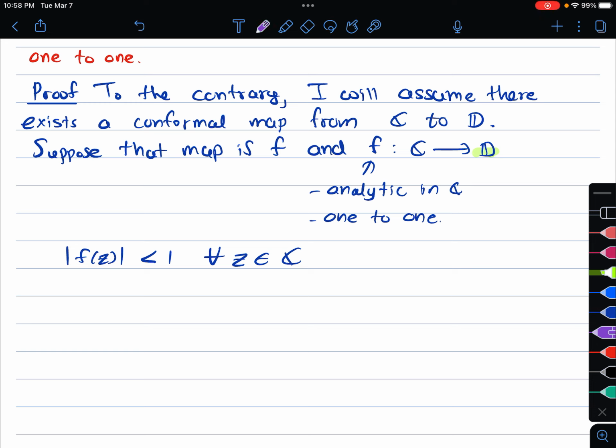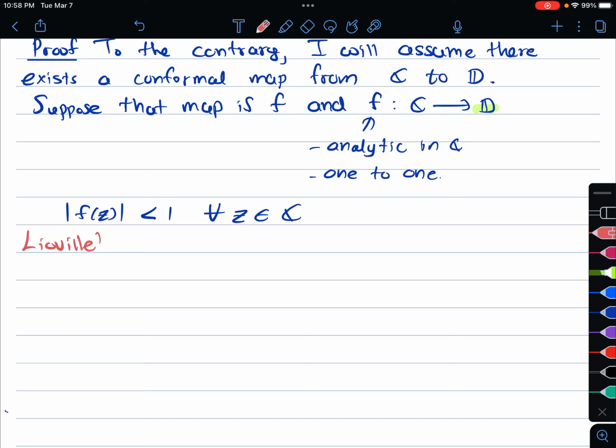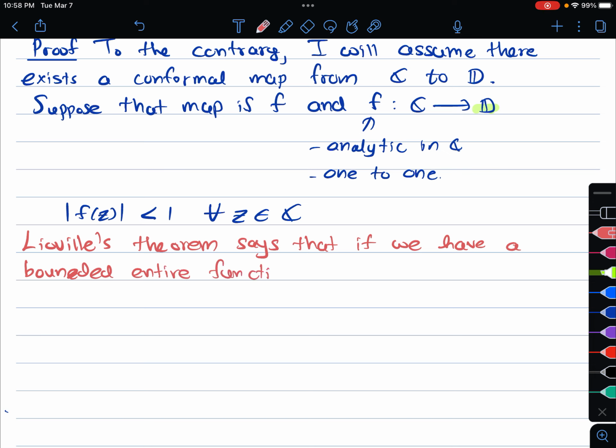Liouville's theorem says that if we have a bounded entire function, then that function should be a constant function.